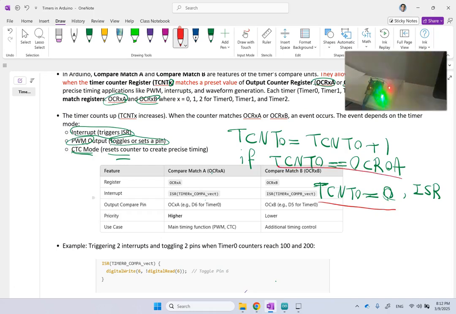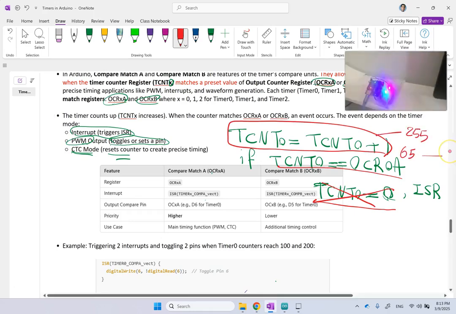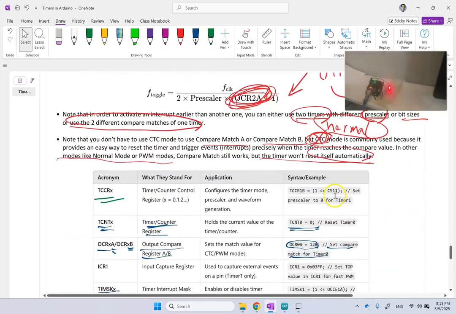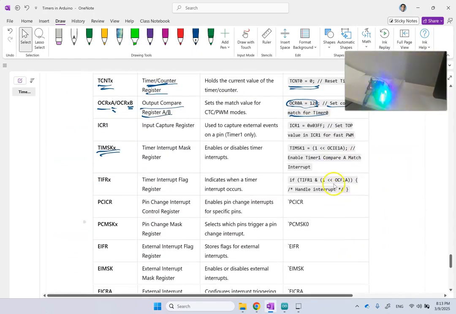This condition happens, but this one will not happen. It still keeps going up until it reaches 255 or 65,000 something before it resets and before an interrupt can happen. So it's not really a great idea to use it, okay? Keep that in mind.